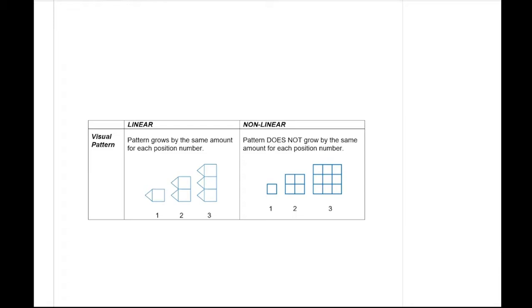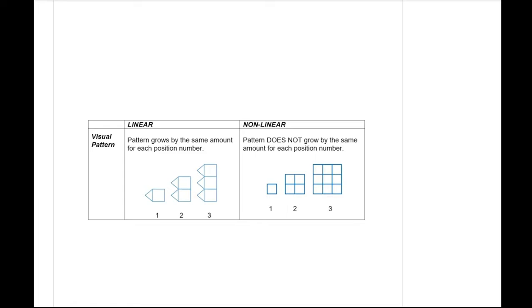And then finally, when looking at a visual pattern, again, this one hopefully will be easy to tell. And if it's not, you can always revert back to the other representations, because at least you should be able to convert any pattern to a table between position number and number of figures or number of tiles, and convert that to a graph.